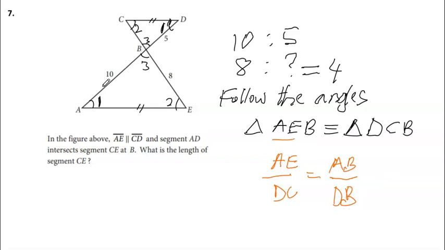And now you can just look. We have AB is 10, and then BD is 5, so this is 2.